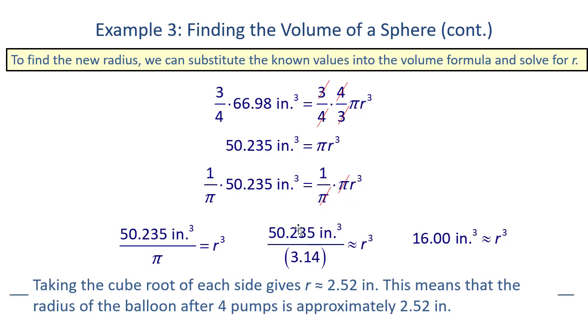And if we do this in the calculator, we get an approximate number, 16. Then we take the cube root of both sides to get r, and we get approximately 2.52. So that means the radius is approximately 2.52 inches. Remember, it started at 2 and it went up to 2.52. So that was not doubled.